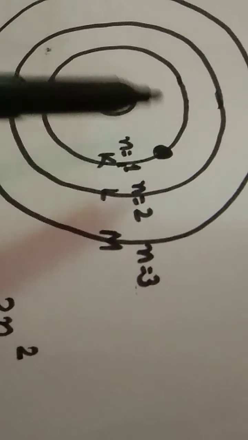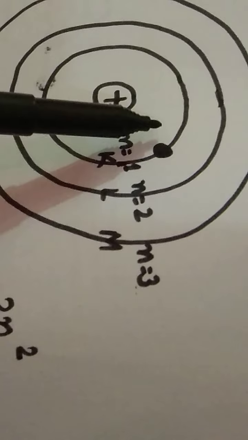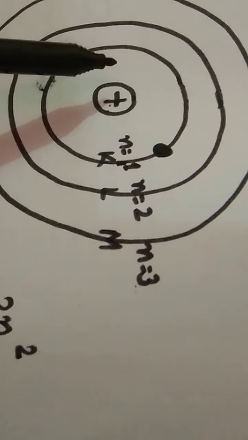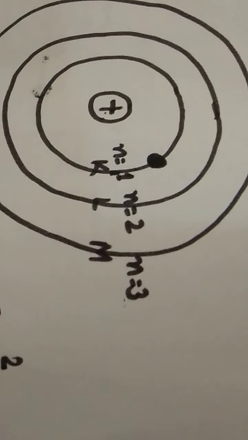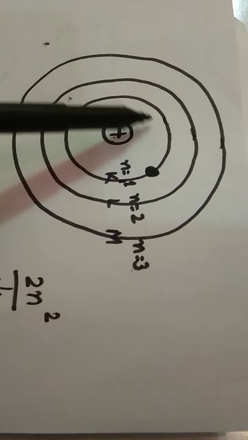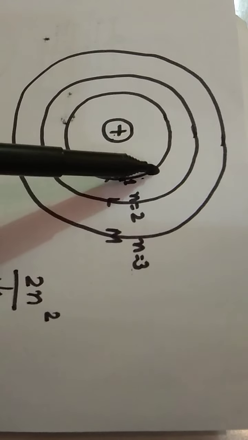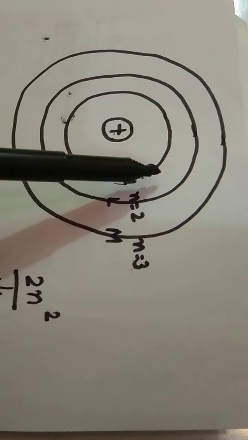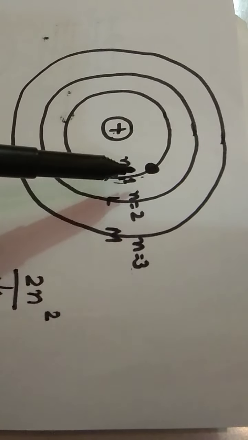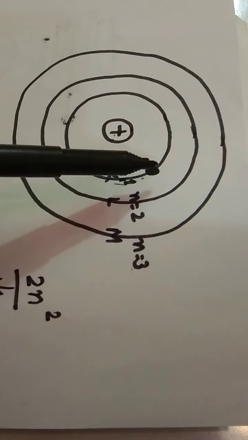This electric field in turn will produce a magnetic field. Now this magnetic field will interact with the external magnetic field. So this will be the magnetic field of the electron. But if we place this atom in an external magnetic field, then this internal magnetic field will interact with the external magnetic field that we are applying.